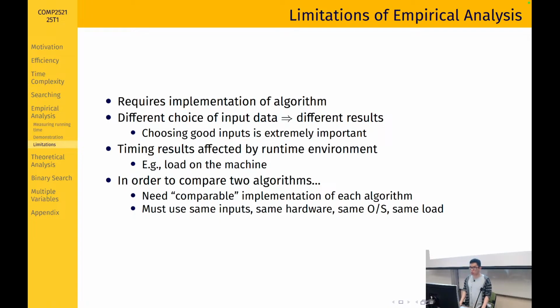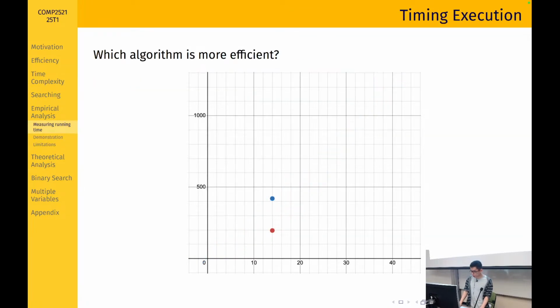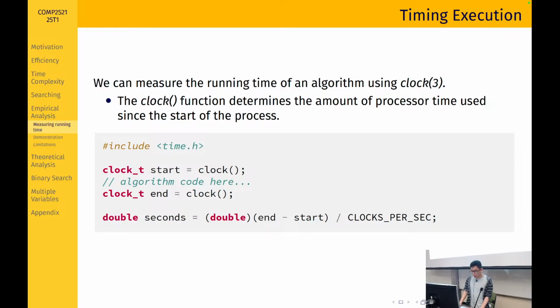Does anyone have any questions? Yeah? What does clocks per second mean? Clocks per second, from the week before. I don't have a definitive answer to this, but I'm assuming it's the amount of clock ticks in the processor.